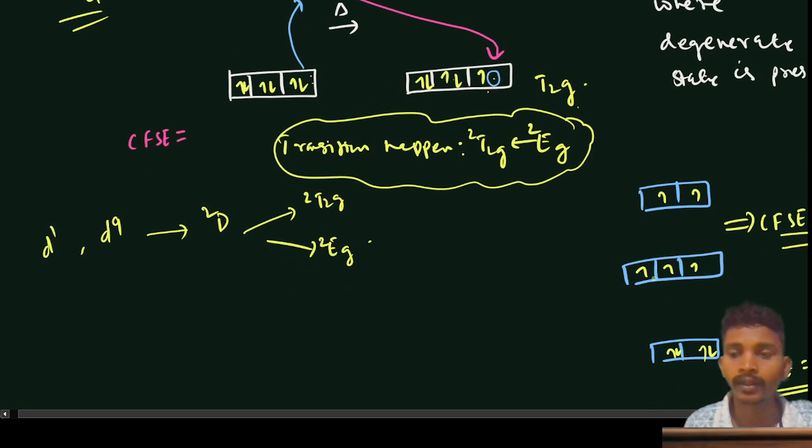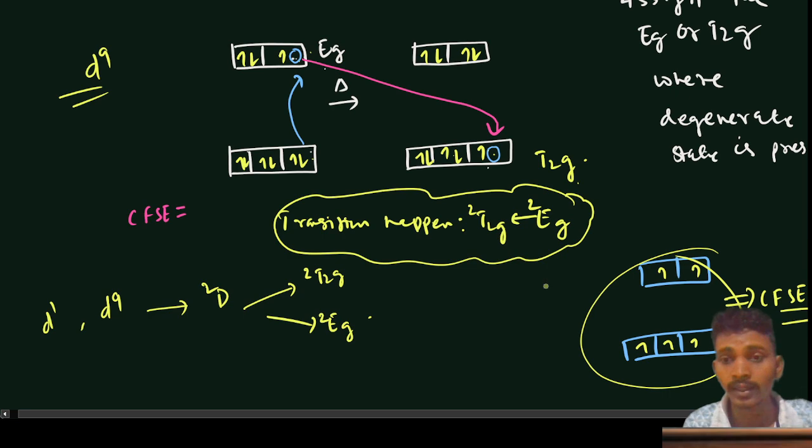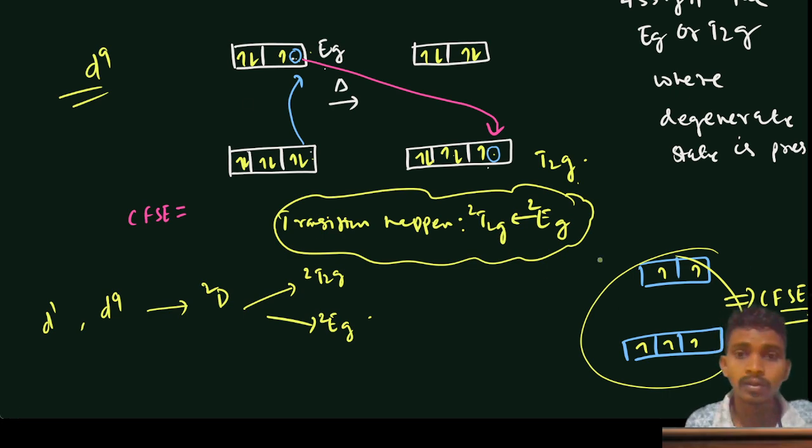Now here, I will first consider this case, then CFSE is 0. After that, this is 1, 2, 3. Because this one I take as 0, above also 2 is there, below also 2 is there, so I take CFSE 0. So after that, what remains? 1, 2, 3 and 4.